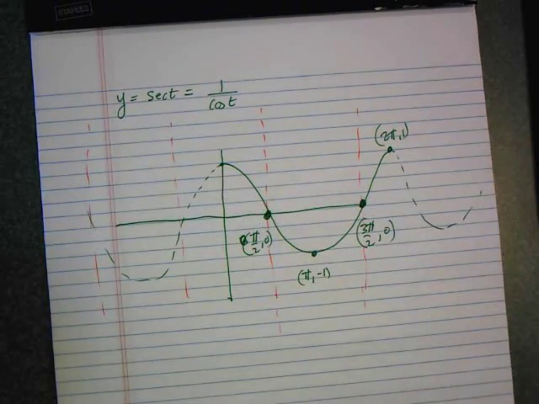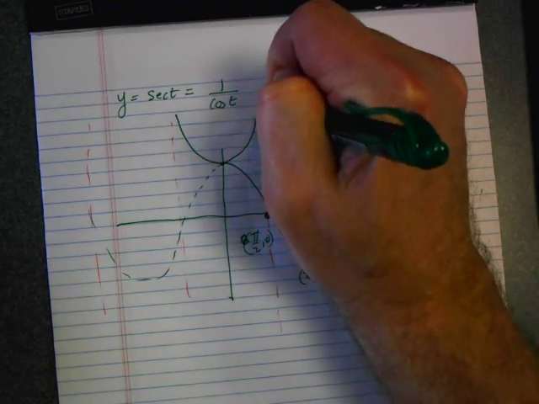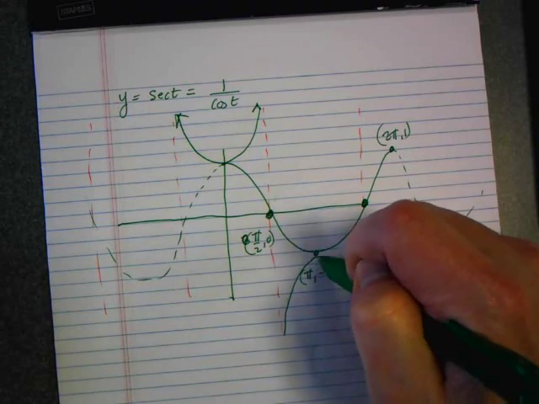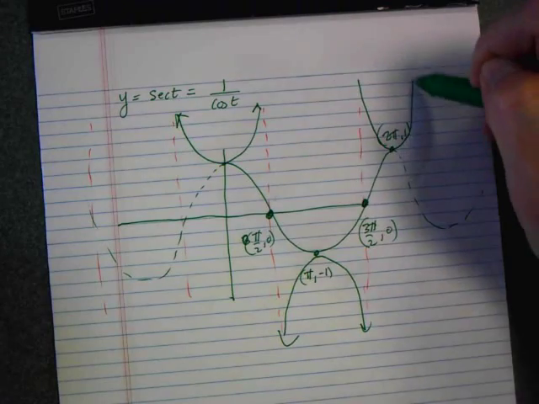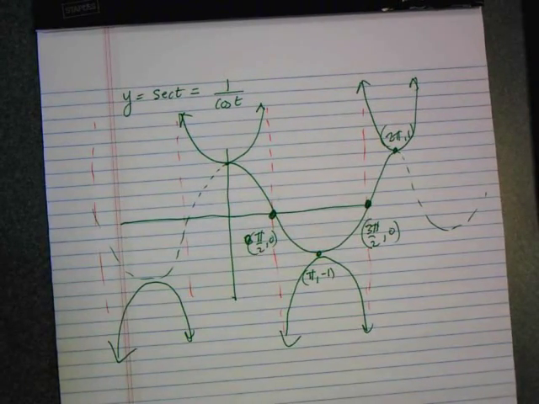All right, so there's what the graph of secant looks like. It looks almost exactly like the graph of cosecant. It's just shifted because the cosine wave is shifted. Questions on that?